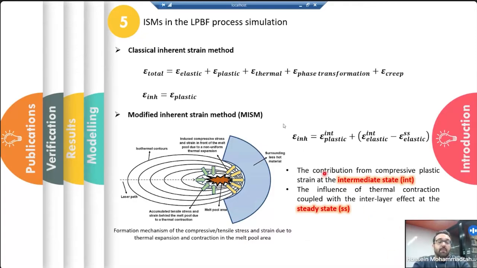According to this theory, the total distortion can be obtained from the summation of elastic, plastic, thermal, phase transformation, and creep strains.